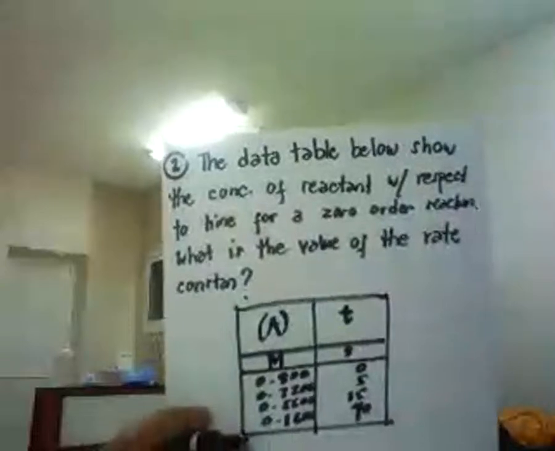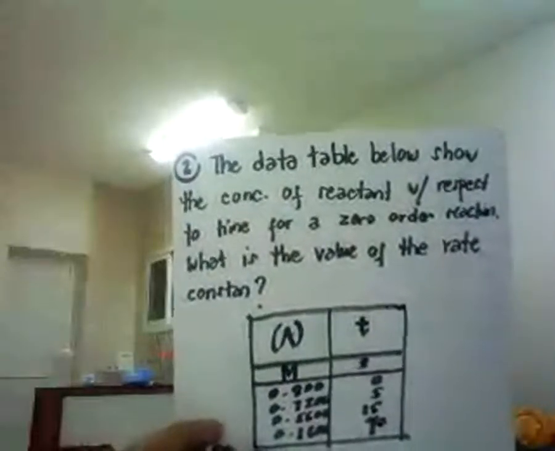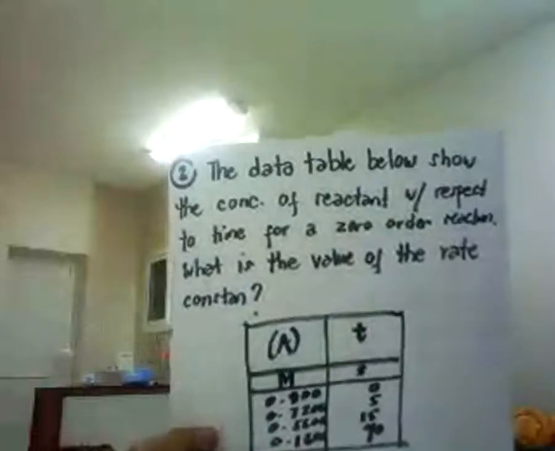Since the molarity M, capital M, and the seconds are given, our unit will be M per second for the rate constant. The rate constant is our solution, the one asked for in the problem.